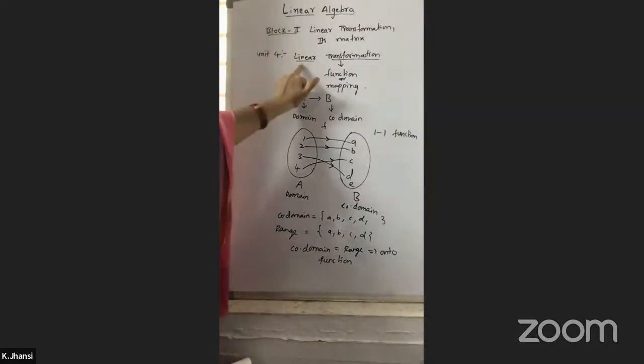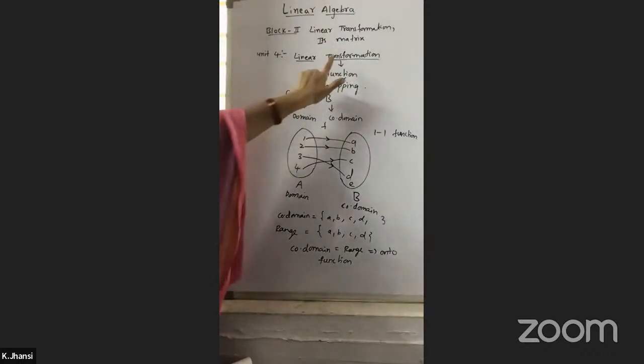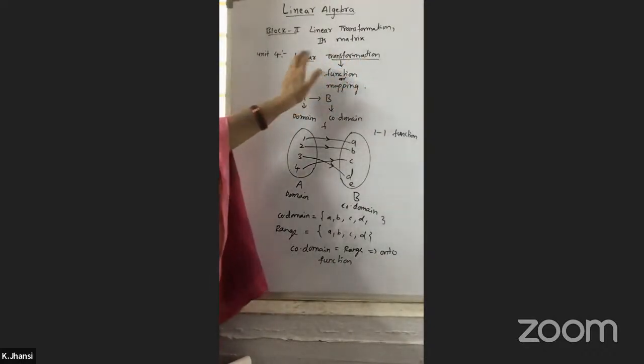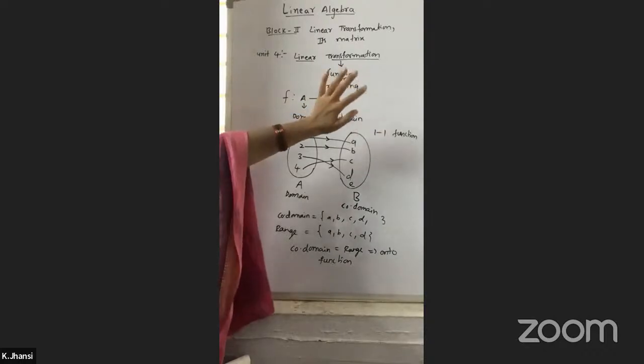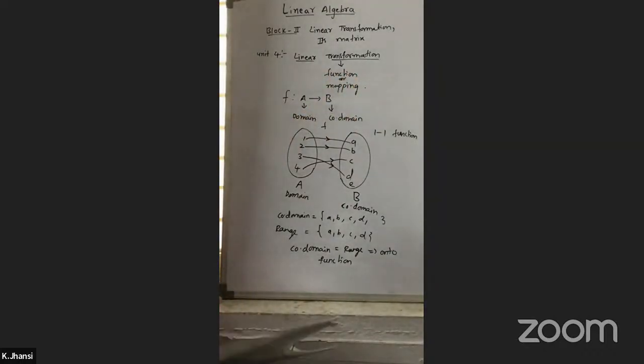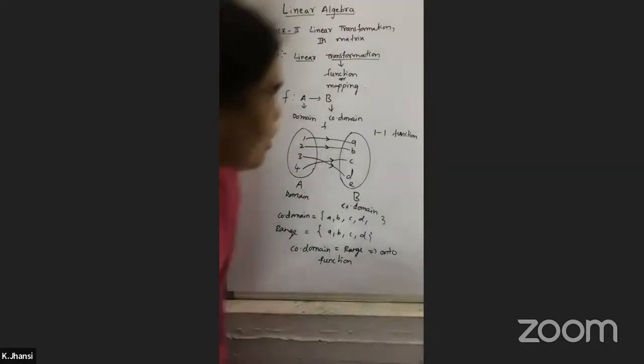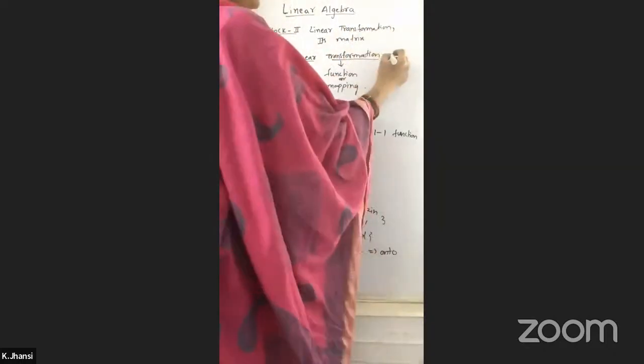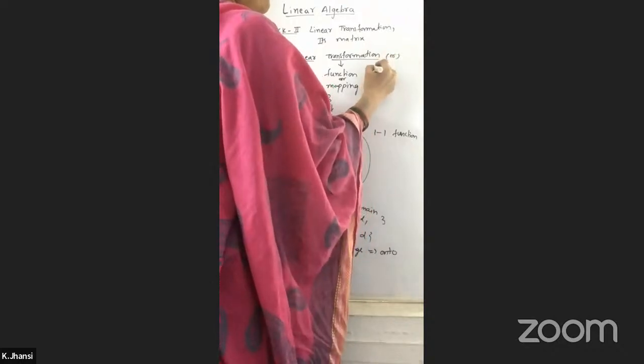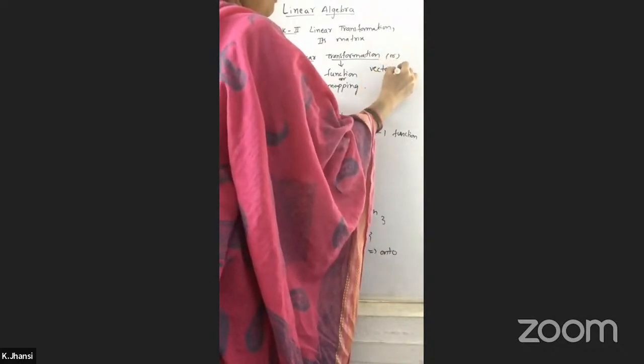Okay. Even this linear transformation, whatever the transformation is, we can call it a linear function or a linear mapping, or else a linear transformation. Generally it is also known as vector space homomorphism. Okay. Even we can call it a vector space homomorphism.